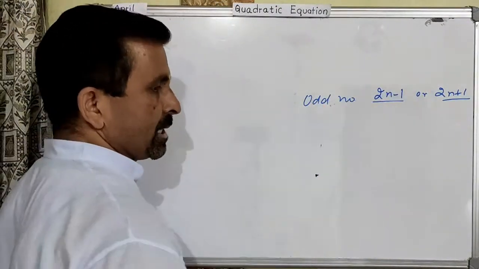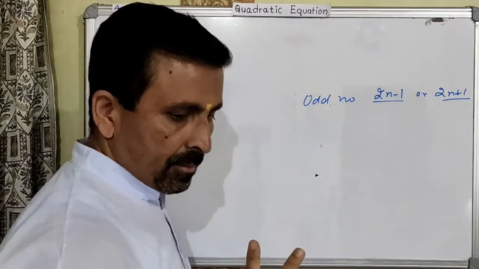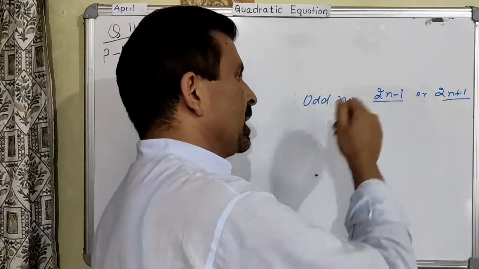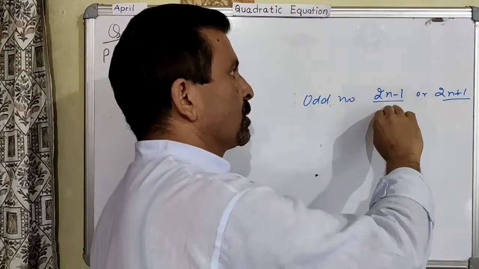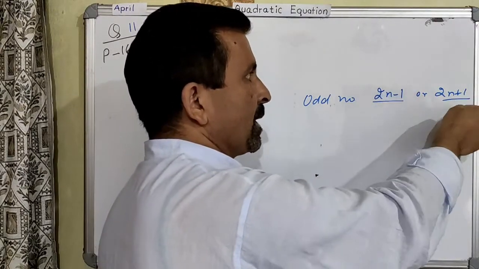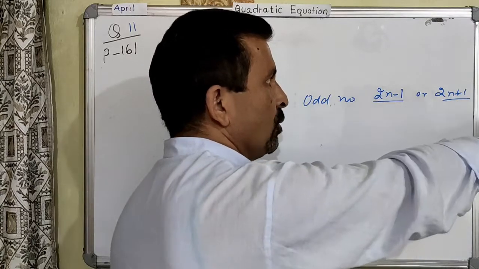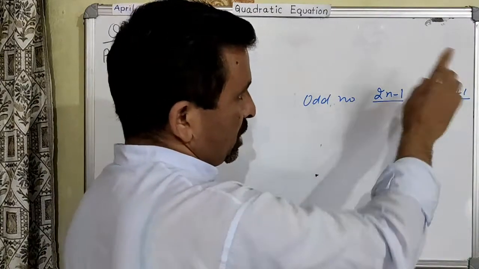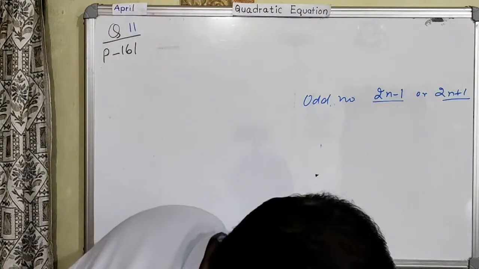Since they are asking us for two consecutive odd integers, you can start from here and add 2 to get the next one. Or if you take this as the first one, you can add 2 to this one and you will get the next one. So I am going to take these two as the odd integers.